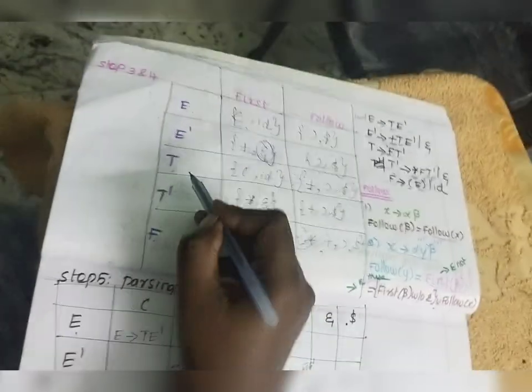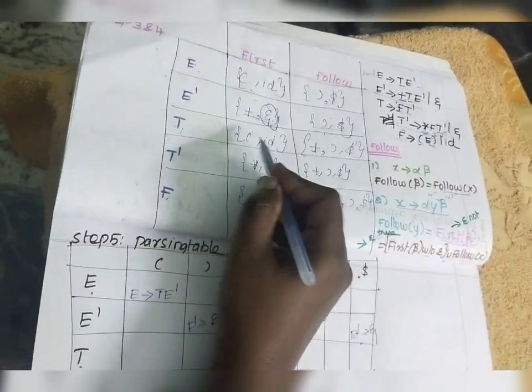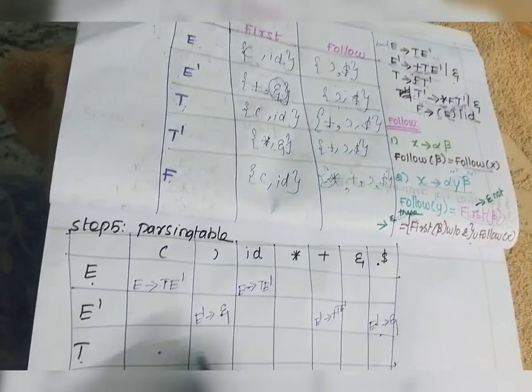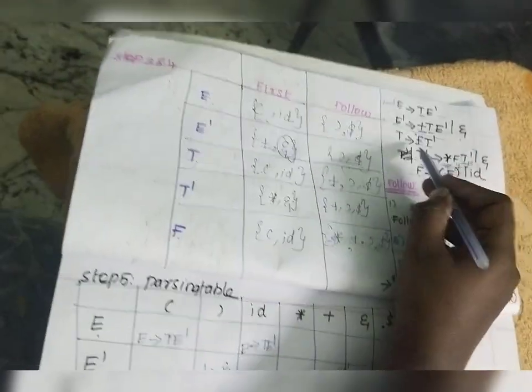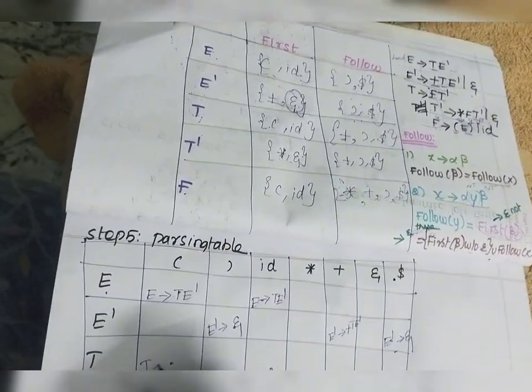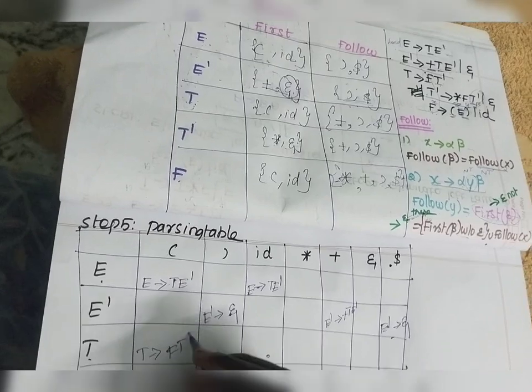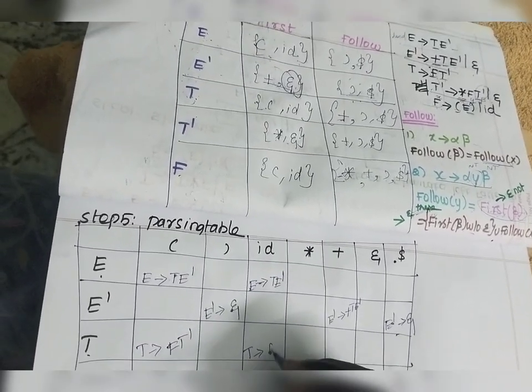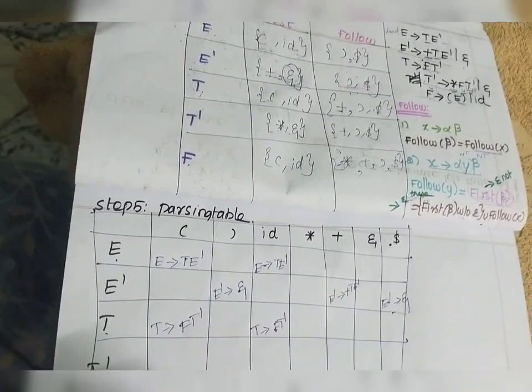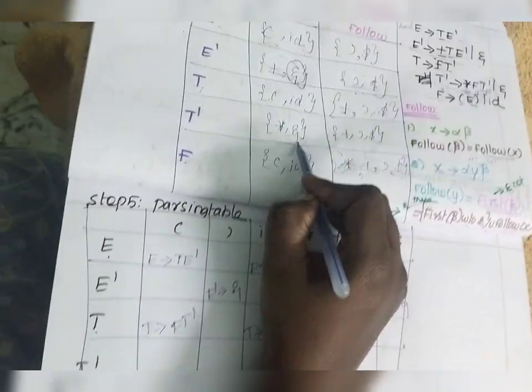Okay, then what about T? T first position is open bracket and ID. So that is the equation T tends to F T dash. T tends to F T dash. Then what about T dash? T dash comes with star and epsilon.